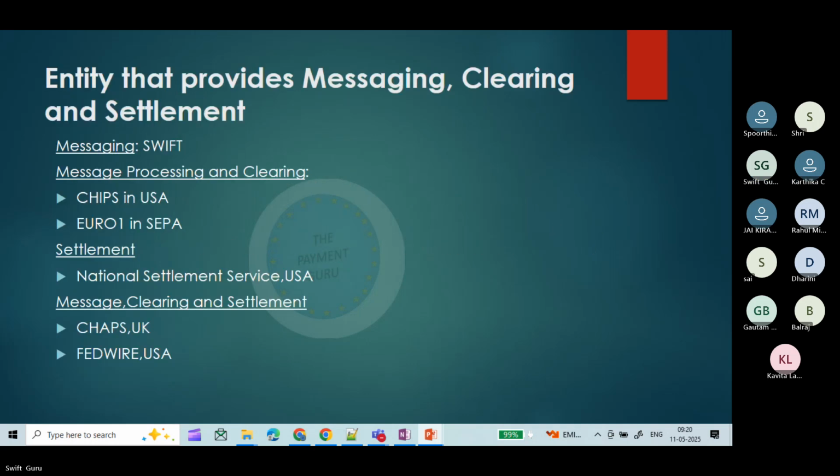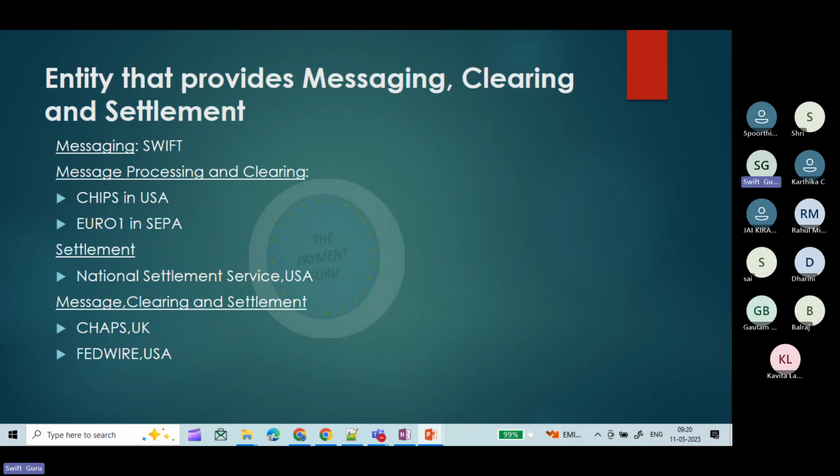Guru, one more. Could you give us an example related to India for all these messaging, settlement, and clearing with Indian payments? I think in India they are using the ISO format. And in RTGS, you have all three facilities.